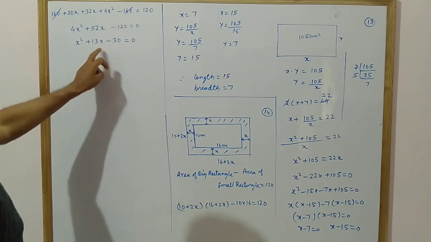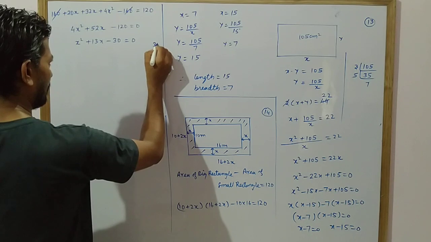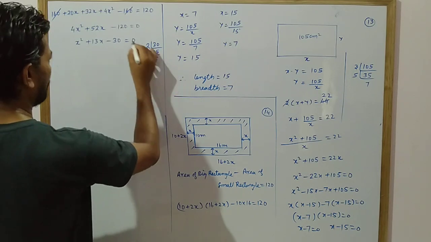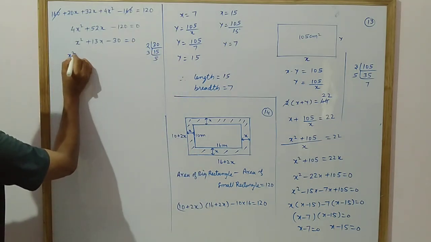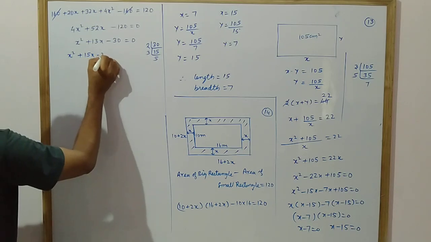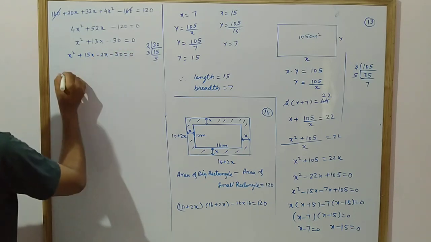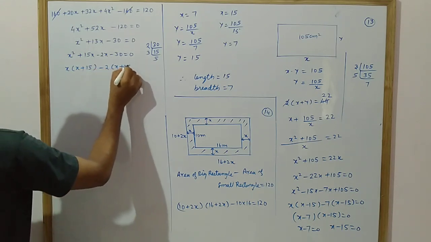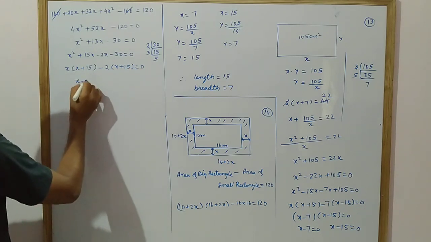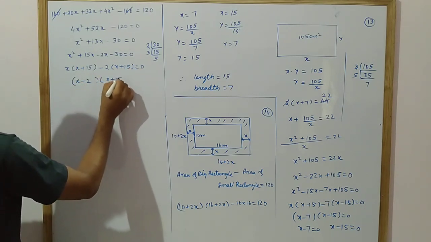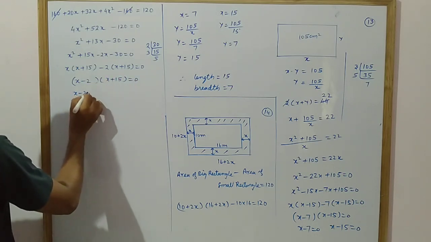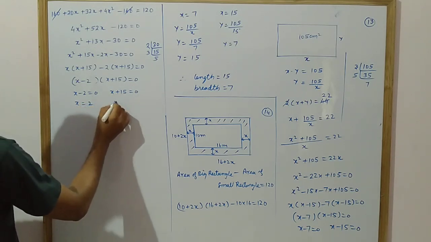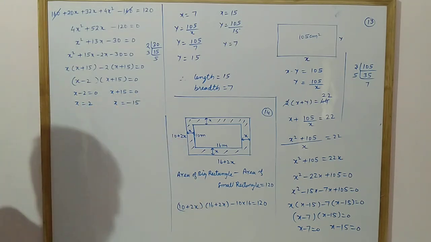Our requirement is 13, so we take the LCM of 30: 2, 15, 3, 5. 15 minus 2 gives 13. So x² plus 15x minus 2x minus 30 equals 0. x common: x(x plus 15) minus 2(x plus 15) equals 0. So (x minus 2)(x plus 15) equals 0. x equals 2, x equals minus 15.